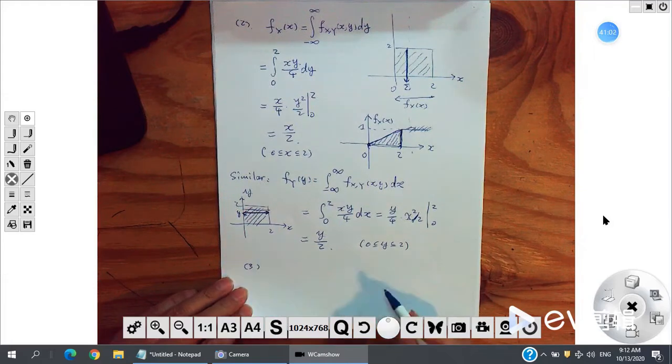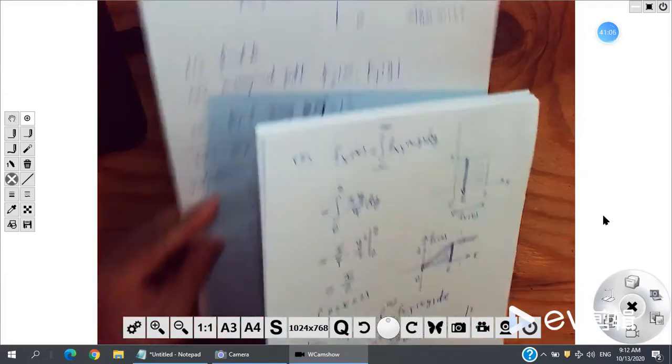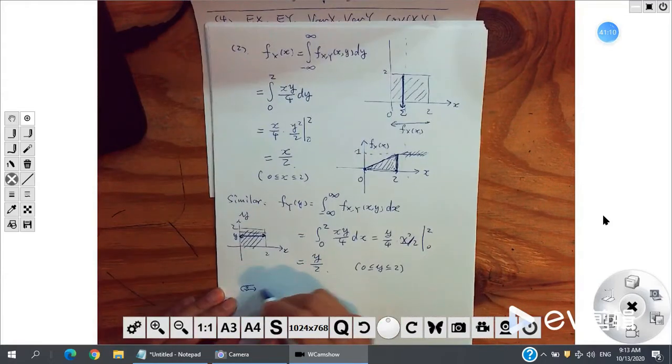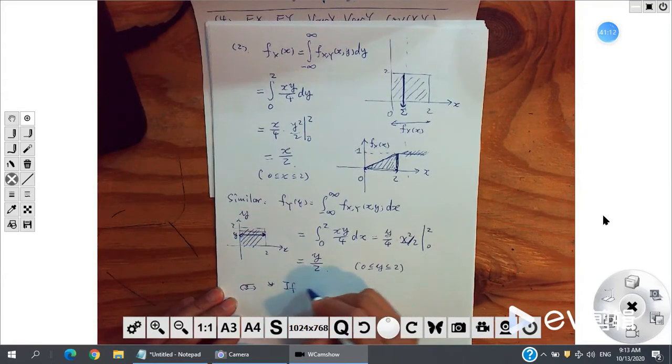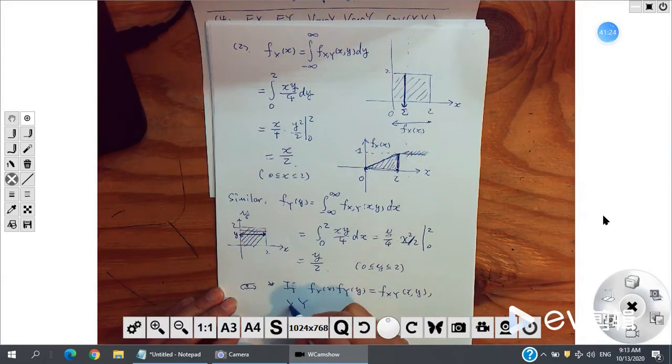Okay, then third one, we want to find the probability. Oh, by the way, we can check independence, right? If f of x times f of y equals f of x,y of x and y, then x and y are independent.